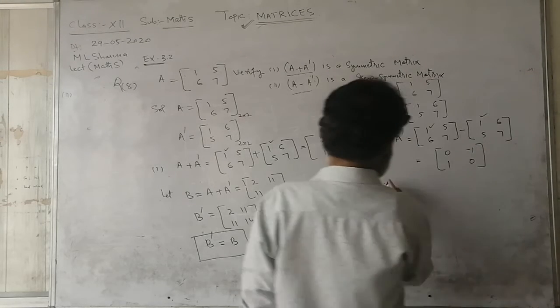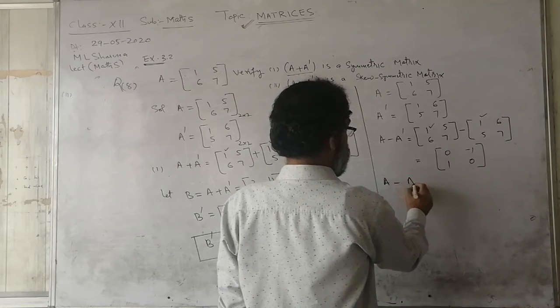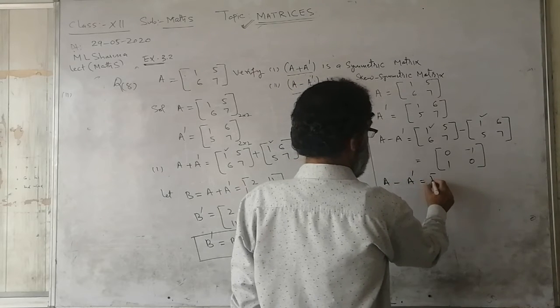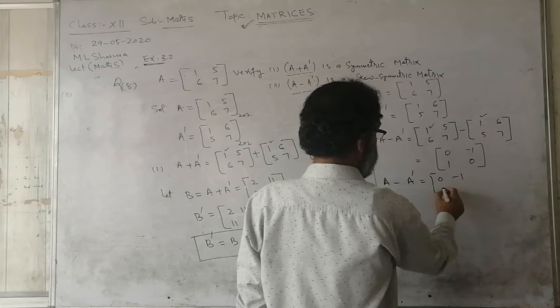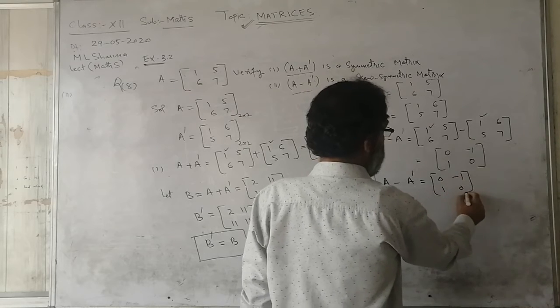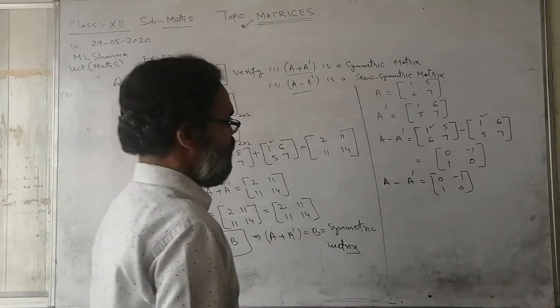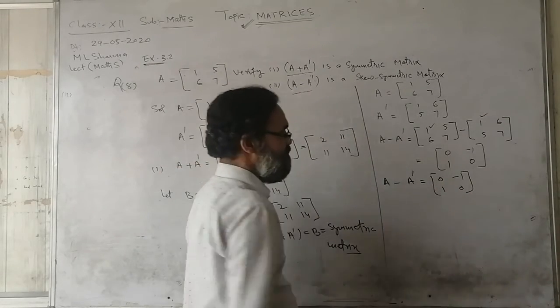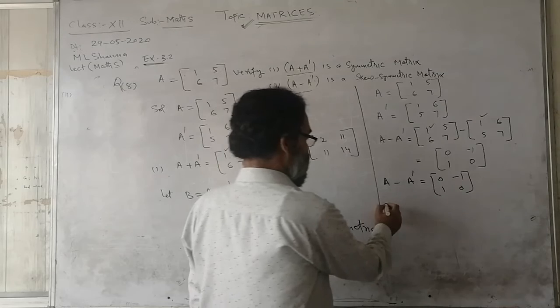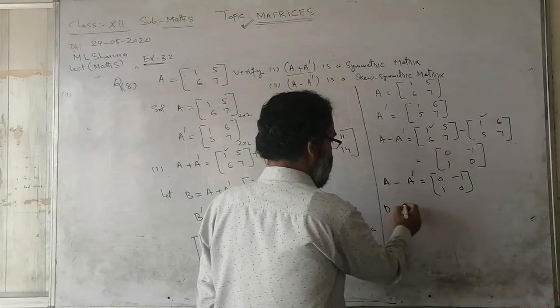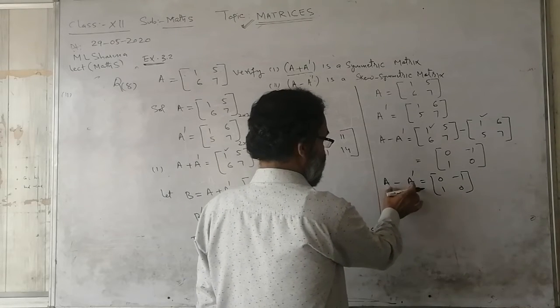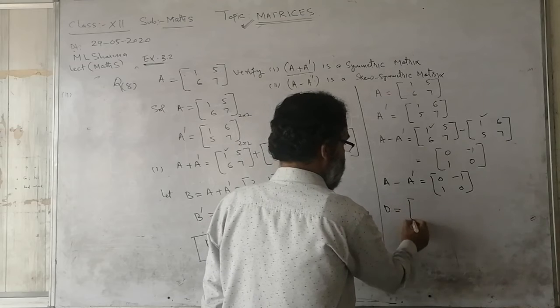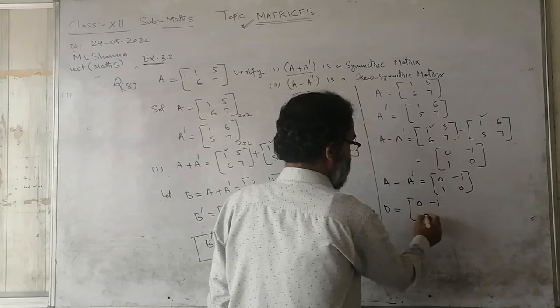So that means A minus A transpose is equal to 0, minus 1, 1, 0. Now this is skew symmetric because its diagonal elements are 0. So let this be equal to D.